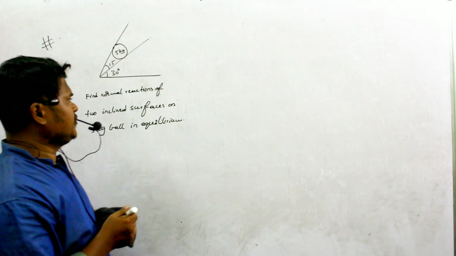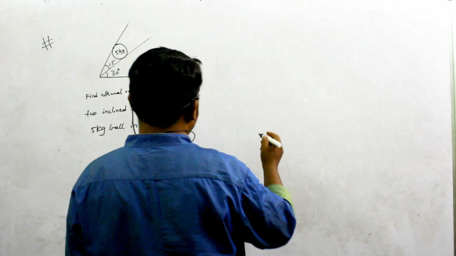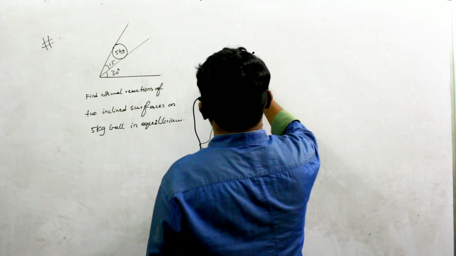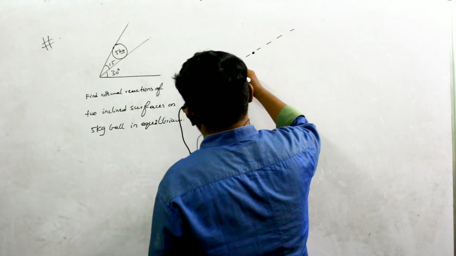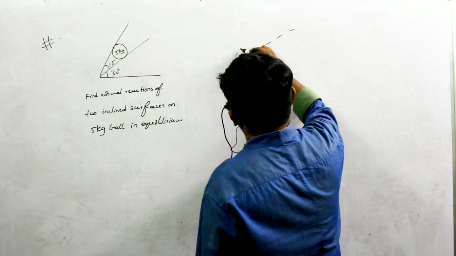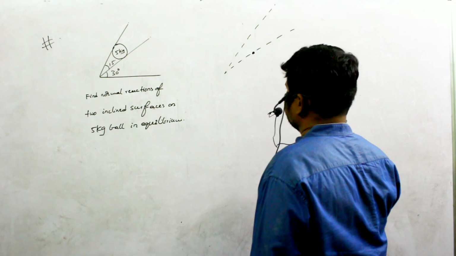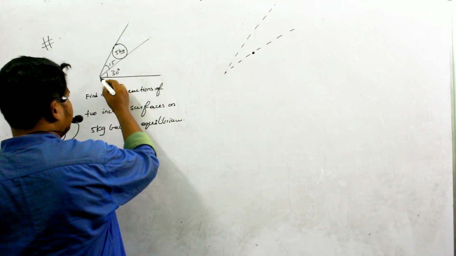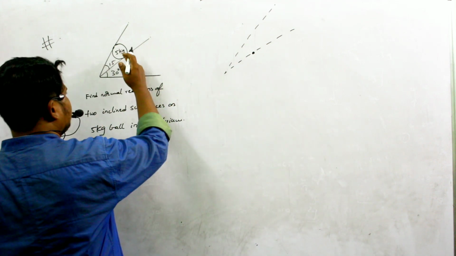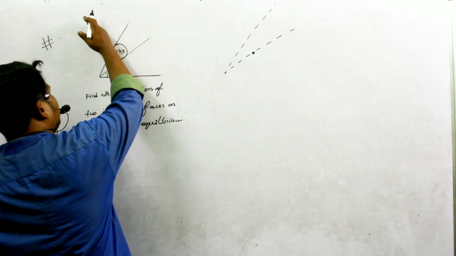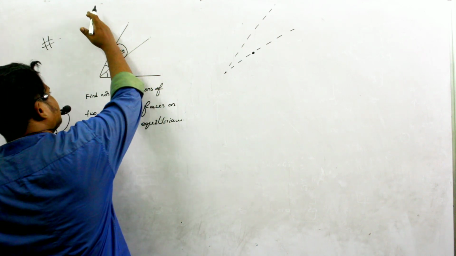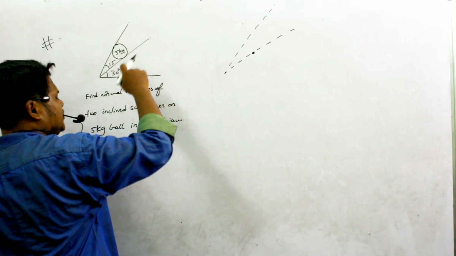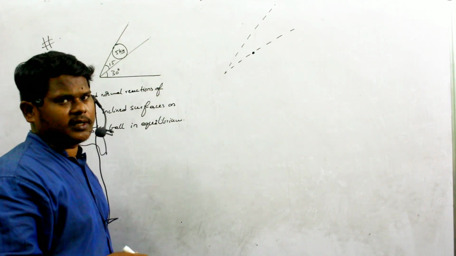Let us see how we can draw the free body diagram of this 5 kg ball. On this ball, this is one inclined surface and this will be the other inclined surface. This inclined surface will give a normal reaction perpendicular to the contact surface in this direction, and if this angle is theta, then this normal reaction will make an angle of 30 degrees with the vertical direction.